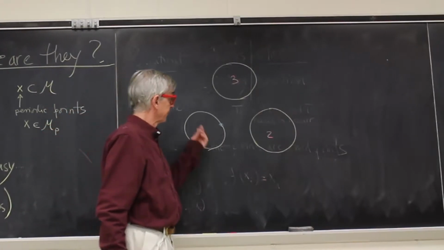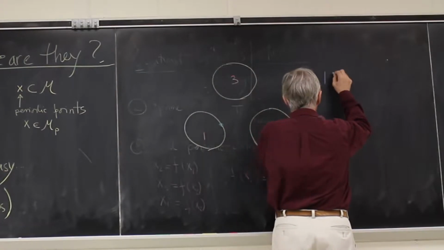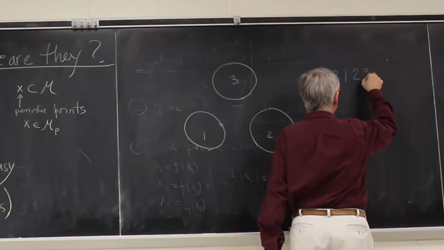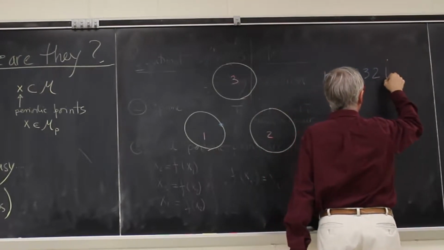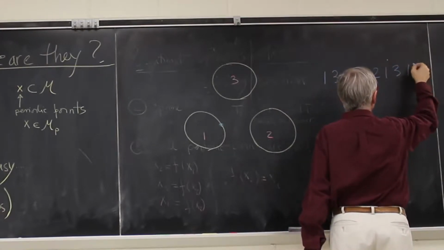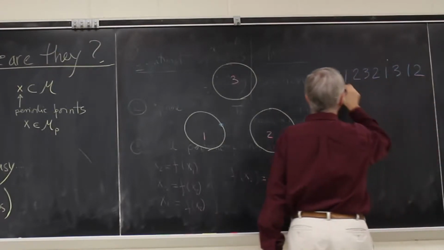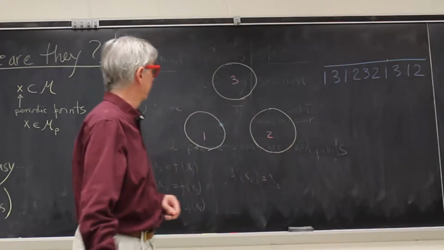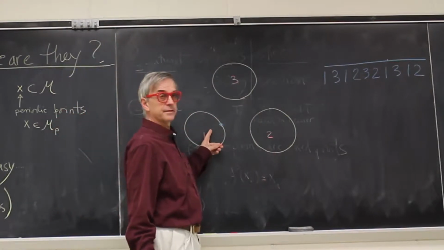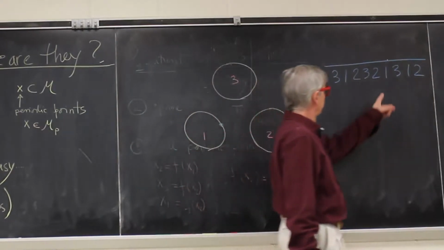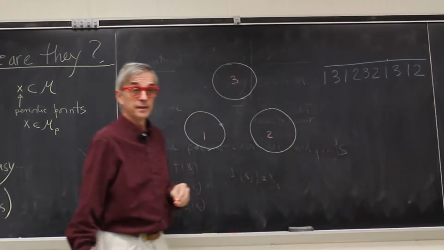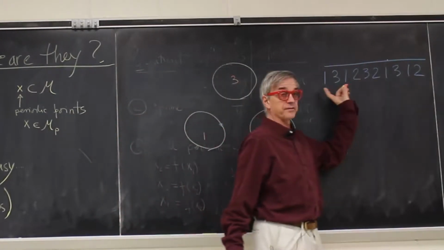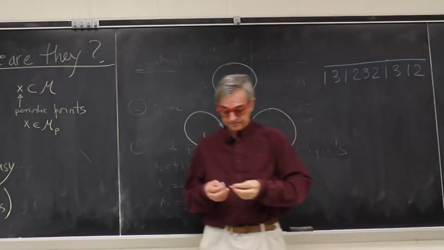So in this case, I ask you, can you prepare for me 1, 3, 1, 2, 3, 2, 1, 3, 1, 2, periodically. Can you do it? Are you so good at snooker that you can find a point on one of the disks and bounce around 9, 10 times in such a way that after 10 times you get exactly back, having followed this prescribed itinerary?